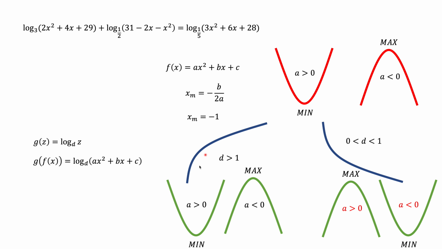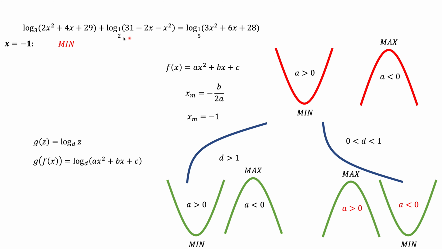Now let's just apply our knowledge to all these three logarithms we have. Notice the first logarithm has d greater than 1, so this is the case. Now a here is 2, which is positive, which means that this logarithm is going to achieve a minimum at x equals to minus 1.